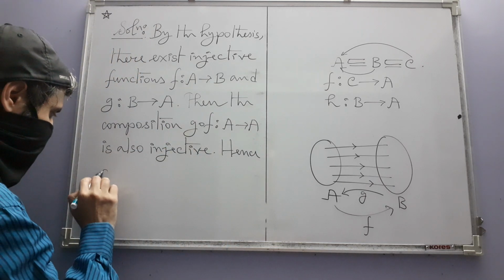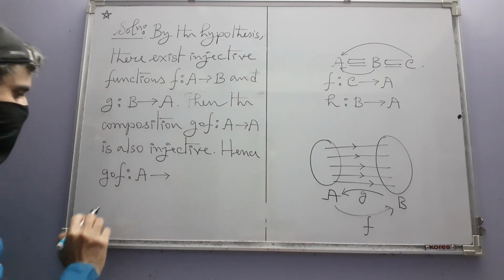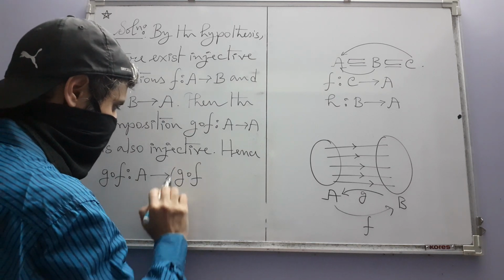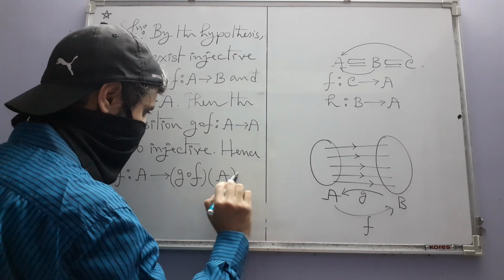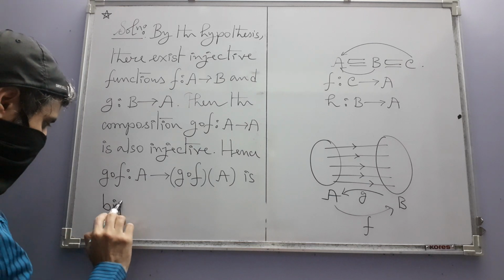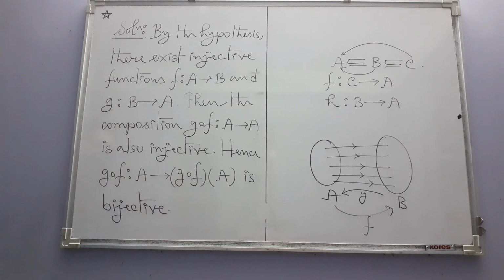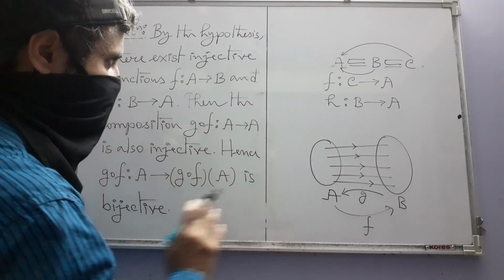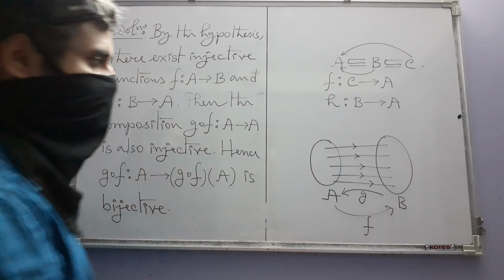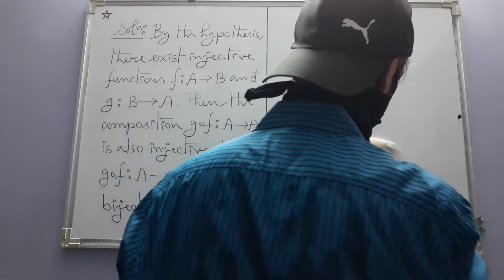So hence, g∘f from A into the image of A under g∘f is bijective. Okay. Now we come back to what we have here. This we understand, so we can just erase this. And now we come back to the situation at hand.